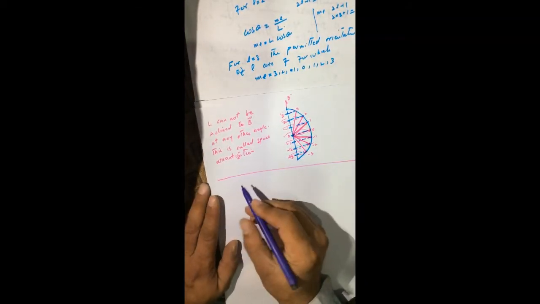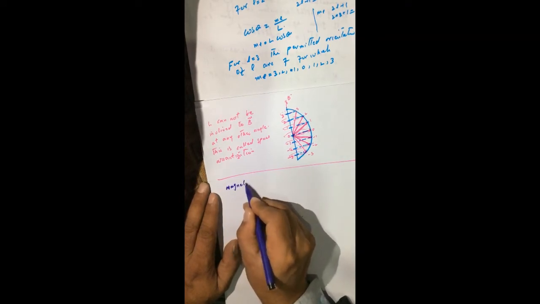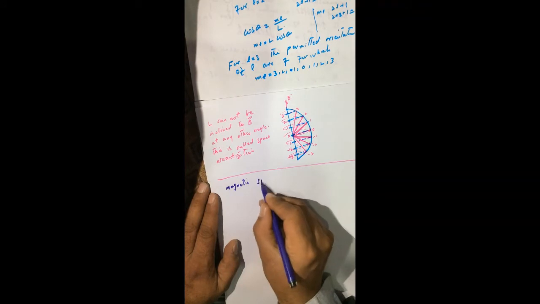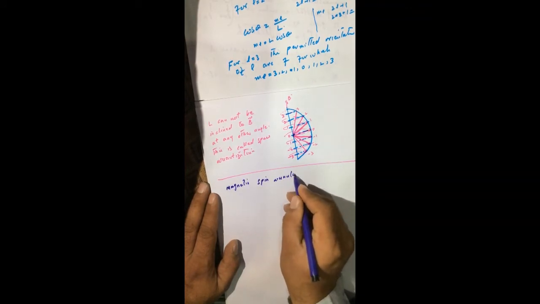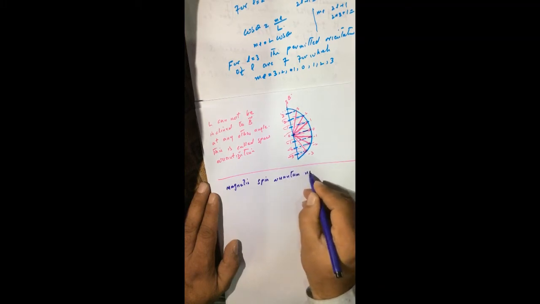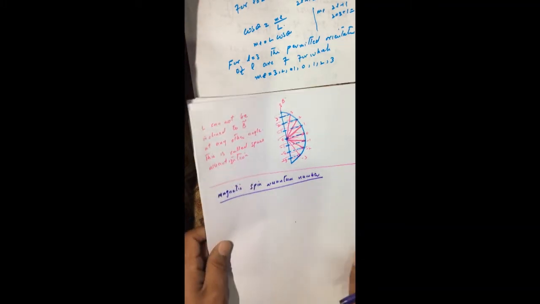Okay, next we have what we call the magnetic spin quantum number. As we know, there are two types of angular momentum.